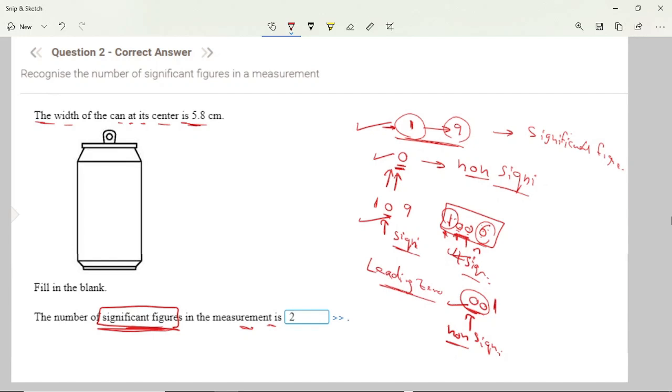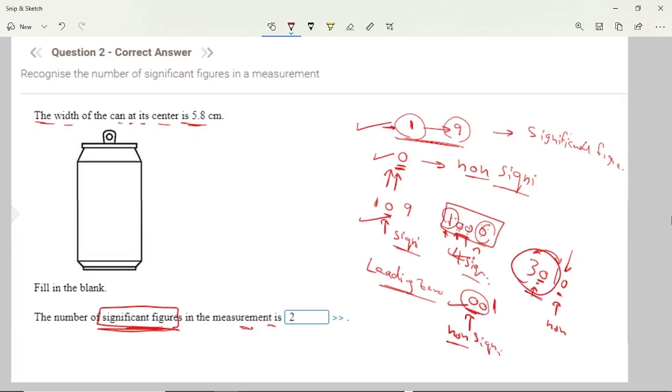Another thing is called trailing zeros, if the number ends with 0. For example, 3010. This 0 is called a trailing 0, and it will be non-significant. And this 0, because it's between 2 significant numbers, will be counted as significant.